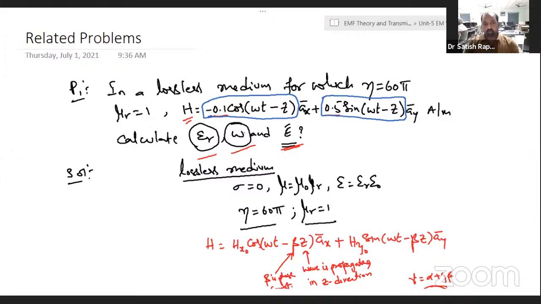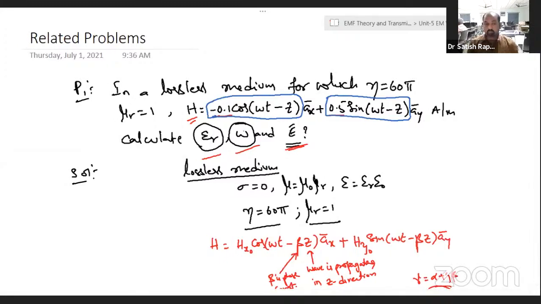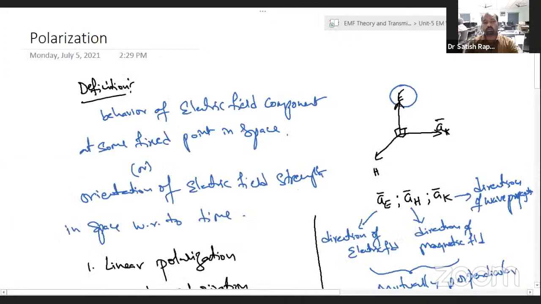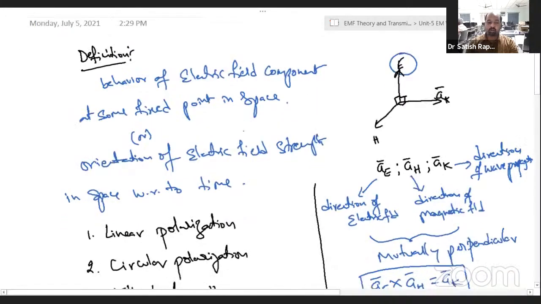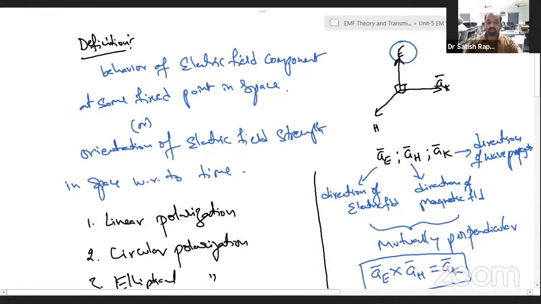Let me recollect the topic which I discussed in my last class. In my last class, I discussed polarization. What is polarization? Polarization is the behavior of the electric field component at some fixed point in space, or the orientation of the electric field strength in space with respect to time.